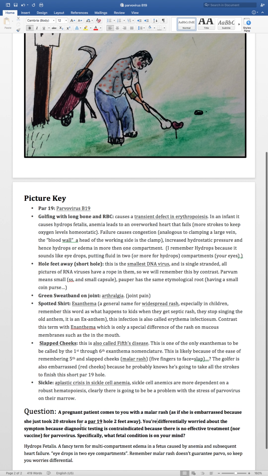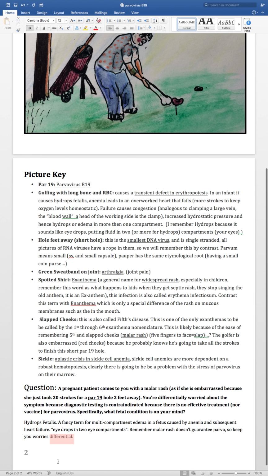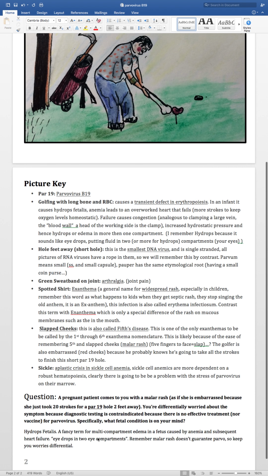But remember, hydrops fetalis was just a fancy term for multi-compartment edema in the fetus caused by anemia and subsequent heart failure. Fluid, remember, goes in two compartments, just like hydrops is in two or more compartments. But remember, malar rash doesn't guarantee parvovirus, so keep your worries differential. That's all I have for this one.